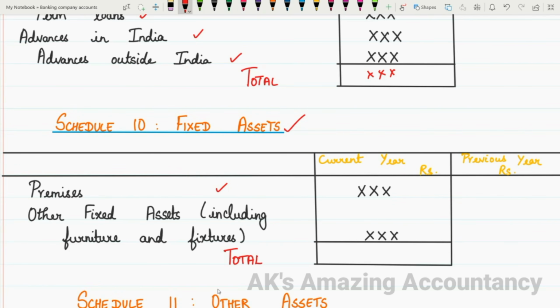And apart from premises, if you have other forms of fixed assets like furniture, fixtures and so on, all that will be entered one after the other under the heading other fixed assets. After entering all the fixed assets, you will be finding out the total. That will be the total of what? Schedule 10. So under Schedule 10, you will be having premises and other fixed assets.